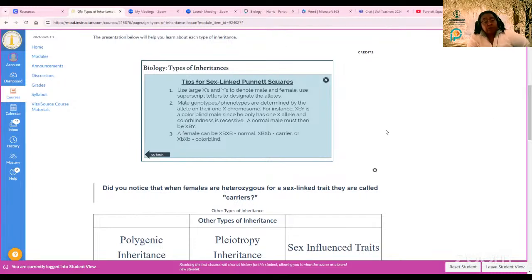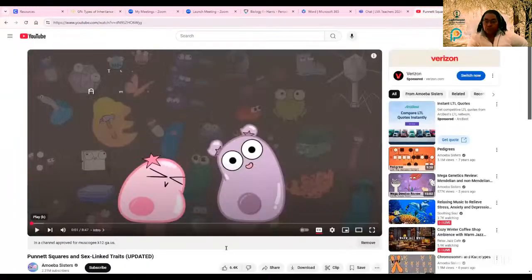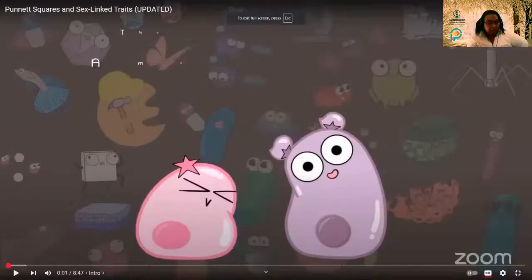So I will see you on Tuesday, and we're going to have a little quiz. And quizzes in this case are a paragraph that gives you a description, and you have to draw the Punnett square and answer the questions that they present. And it's usually, what is the genotype? What is the phenotype? What are the results? All right, so we're going to watch this video. And again, have a paper and pencil out, because I am going to pause it at a certain point for you to write down what they have on the screen.